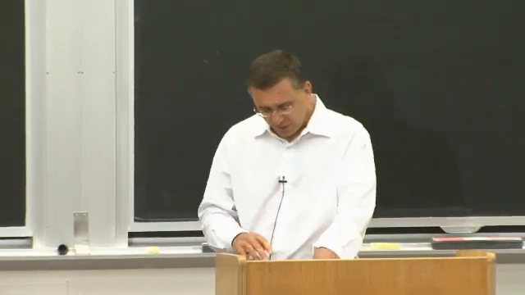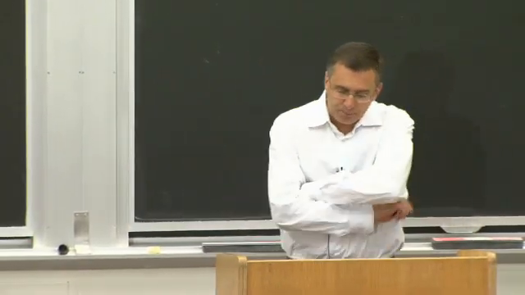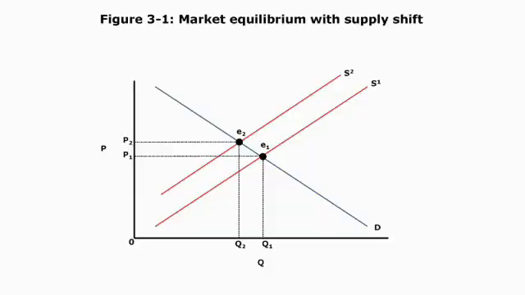So to think about this, let's start with figure 3.1, which is a standard kind of market diagram we had last time. You're in some initial equilibrium at point E1 with initial price P1 and a quantity Q1. That's the equilibrium. That's stable because at that price P1, consumers demand Q1 units, and suppliers are willing to provide Q1 units. Now we have some supply shift.